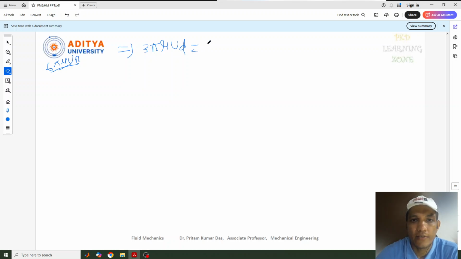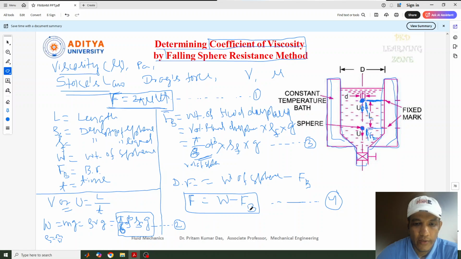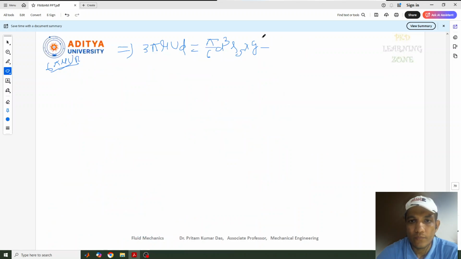So this is this, and next is pi by 4 d cubed, and this is rho s into g, and minus W, this FB equal to a similar thing, only rho f will be there. So similarly pi by 6 d cubed rho f g. Okay, so all these things are multiplied here.